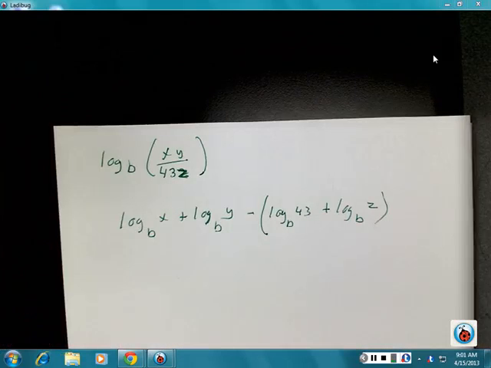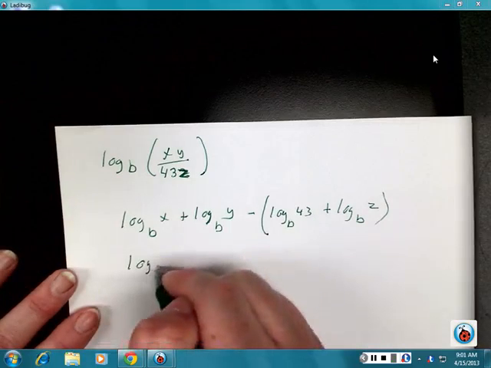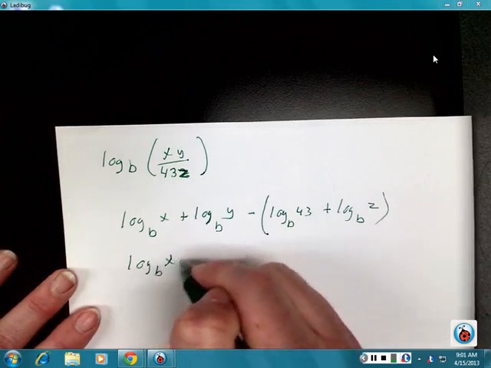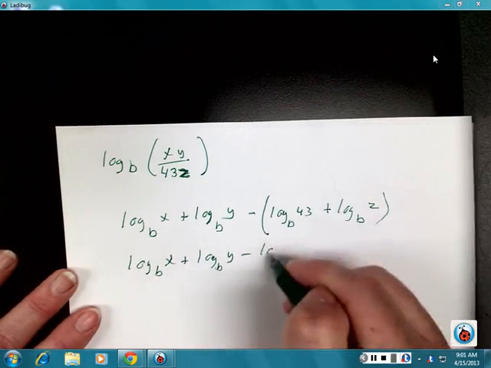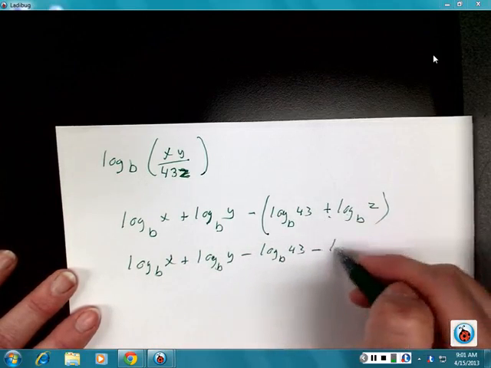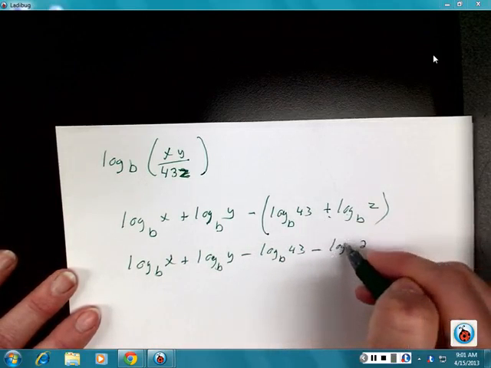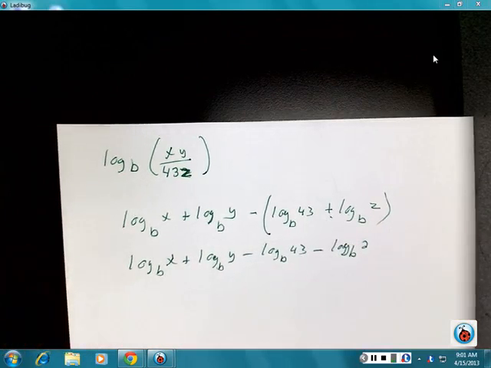And then finally, you would distribute that subtraction sign and subtract the other part, and you would end up having your final answer. So that would be what my answer would be.